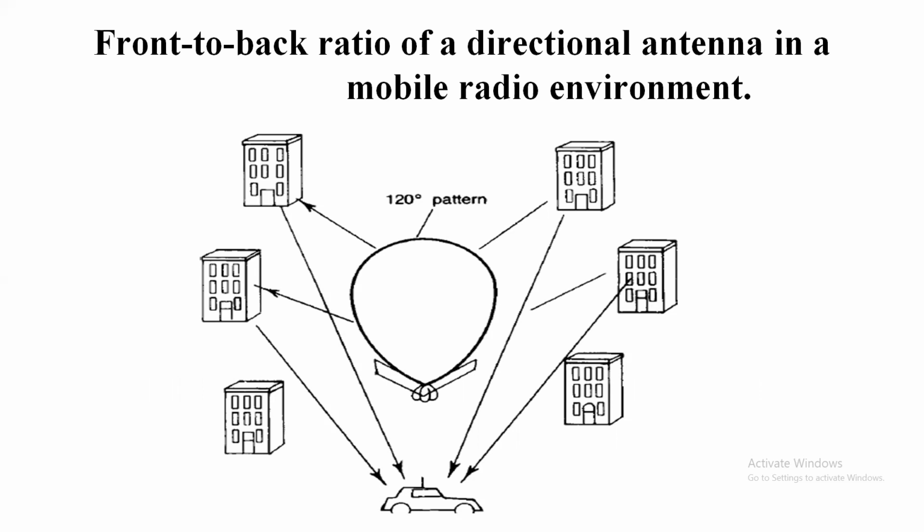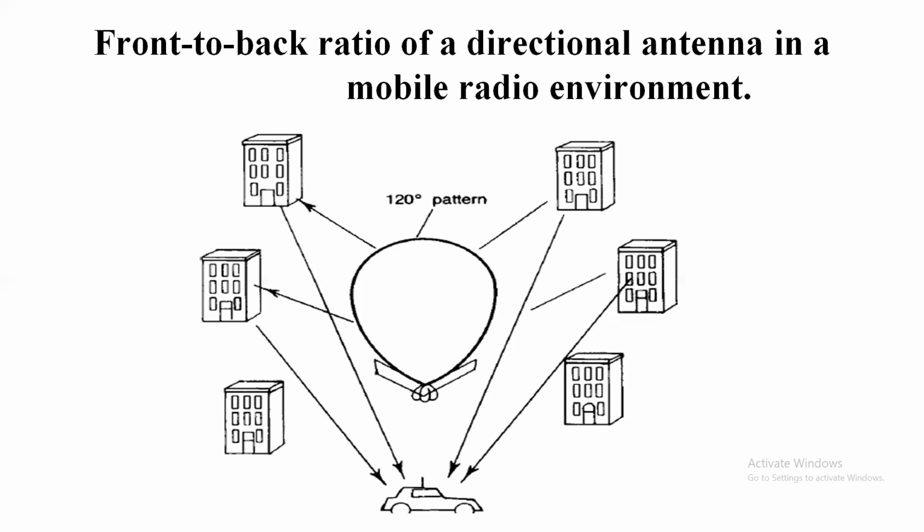That means if the antenna receives the strongest signal, it has to coincide with the strongest signal strength of the directional antenna. Right? Both have to coincide. This is one of the considerations of the mobile radio environment.